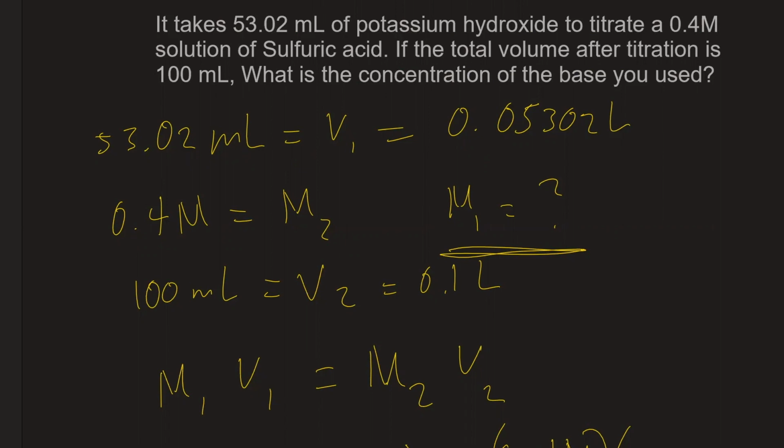So then I'm saying that M1, since we're looking for it, I just leave it as M1. I plug in V1, I plug in M2, which is 0.4 molarity, and then I plug in V2, which is 0.1 liters. So then, if I want to find M1, I just have to divide both sides by 0.05302 liters.